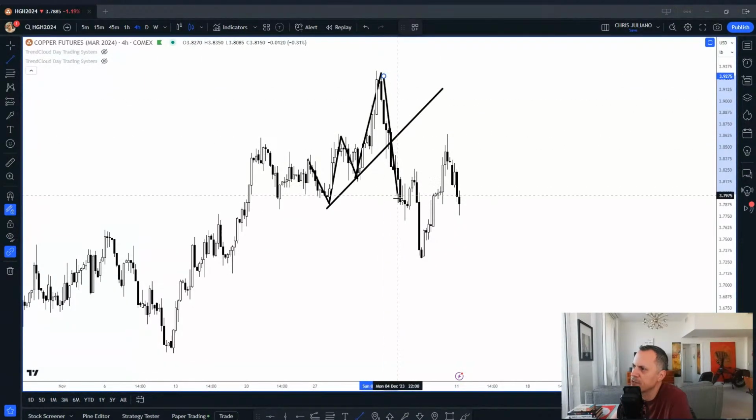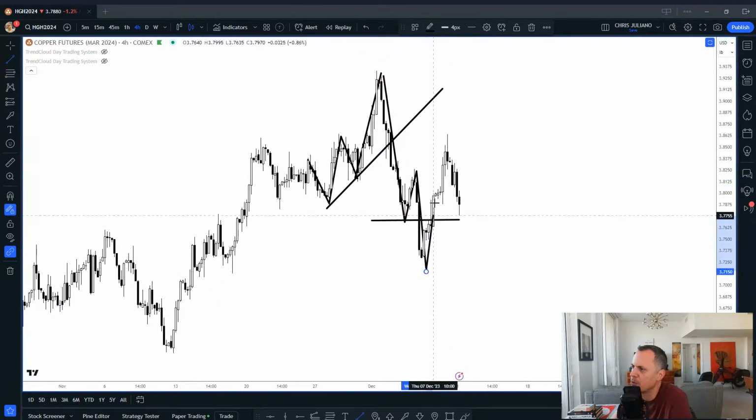It breaks through that trend line, pulls back up, we're waiting for a break of structure right here, and it gives it to us. Now we've ripped all the way back up to here, and we are going sideways. Real sideways kind of movement here.